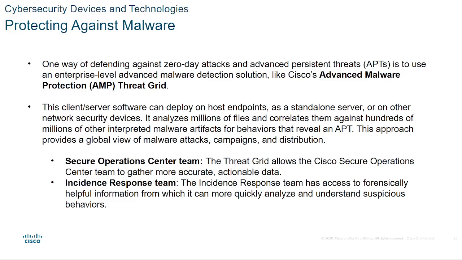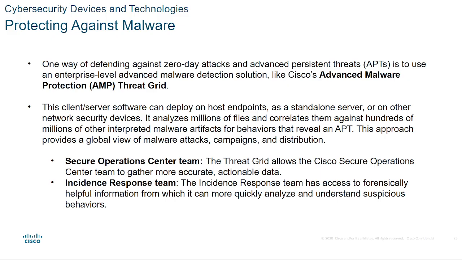Protecting against malware. One of the ways by which you can defend against a zero-day attack, an advanced persistent threat, is to use an enterprise level advanced malware detection solution like the Cisco Advanced Malware Protection AMP Threat Grid. So this client server software can deploy on host endpoints as a standalone server or on other network security devices.